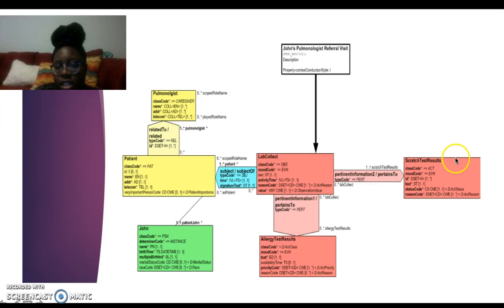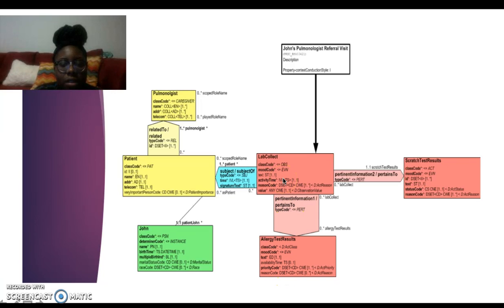That would be the scratch test results, and it will also have text, so the result can be listed, and a reason code, so they will know the reason for drawing this lab. And another relationship would be between the lab collect and the allergy test results, and that's also pertinent information. And I put a priority code on it just because it could be a stat order.